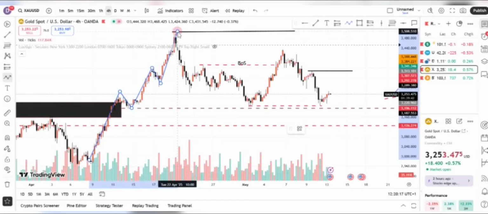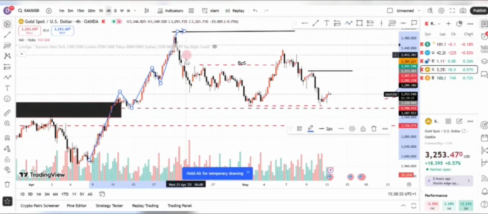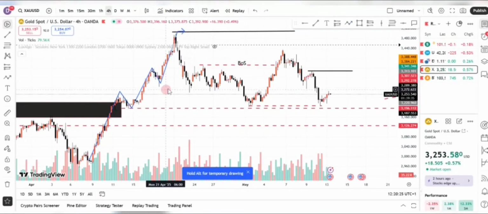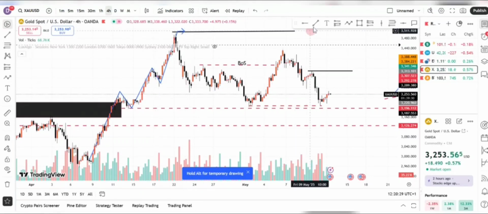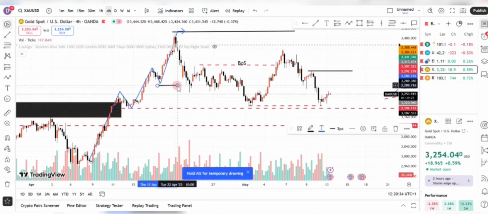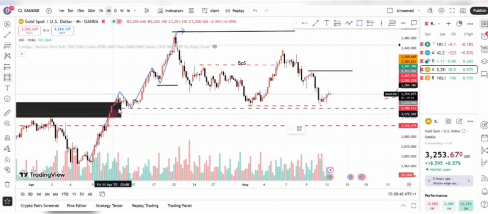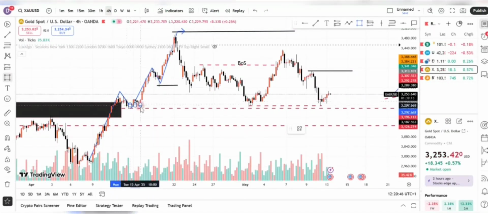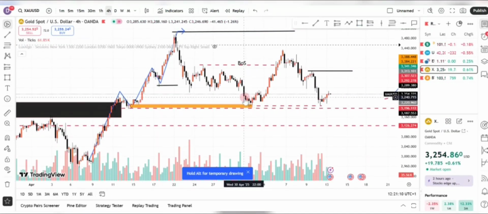Okay, but see what happened. Let me show you. Now, price took out this low. No longer valid. Price broke the structure. Good. Now, at this point, price came down back to this point, which is more or less like our POI. Normally, all this area is my POI on the 4 hours time frame.